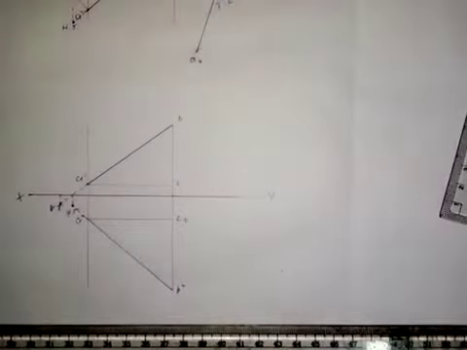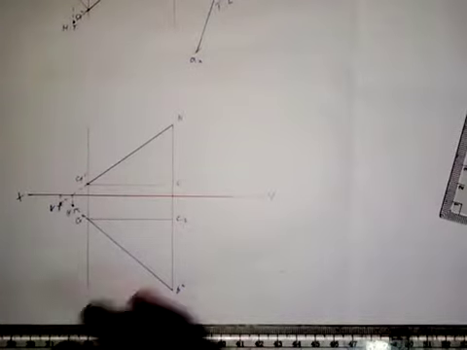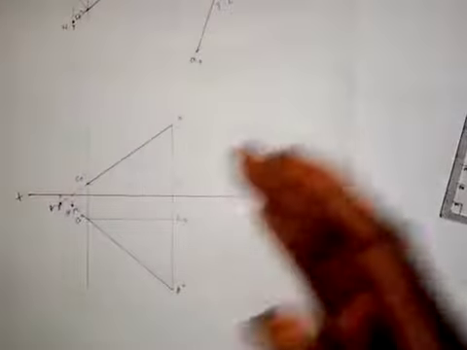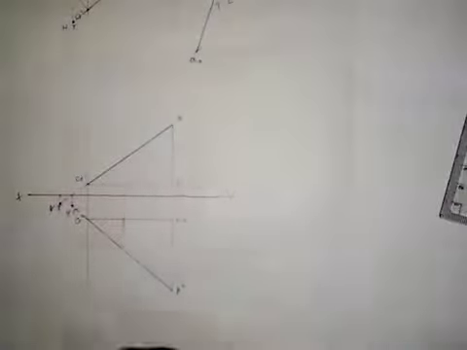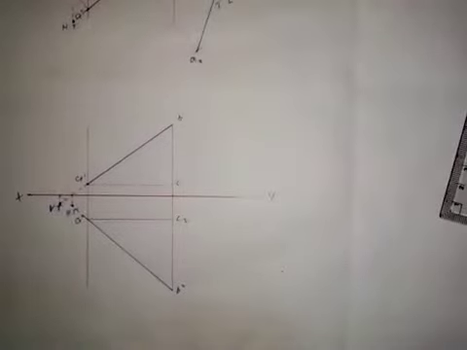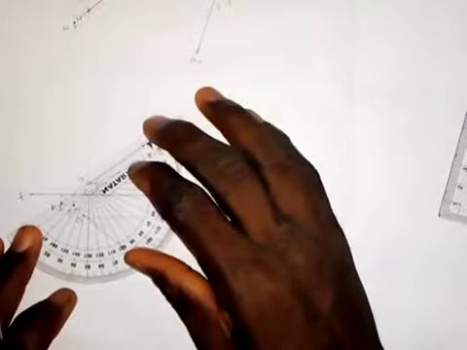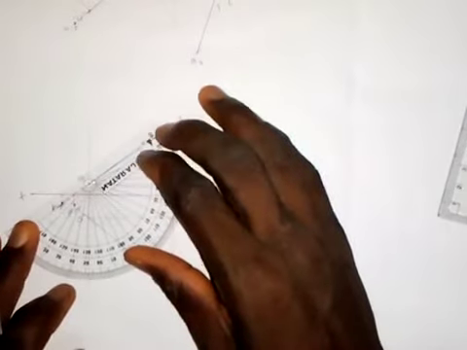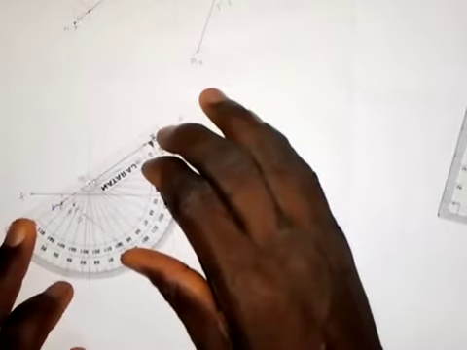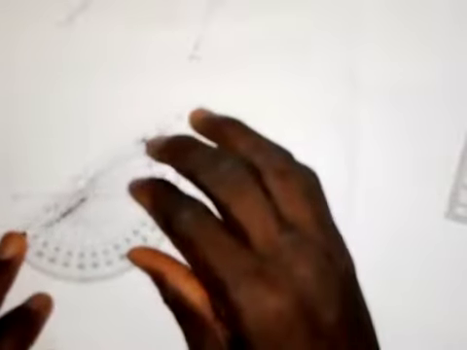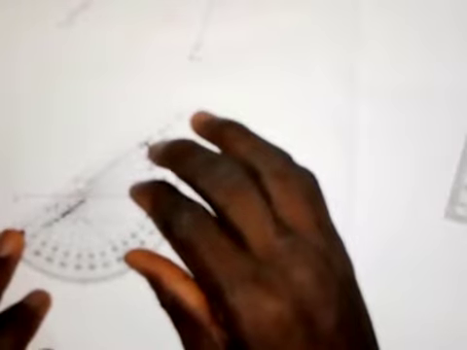Now let's look at how we can determine the true length, the auxiliary plan, and also the auxiliary elevation as the true length of these lines. To get the auxiliary plan, which is the true length of this line, take your protractor and put it at point A1 here.